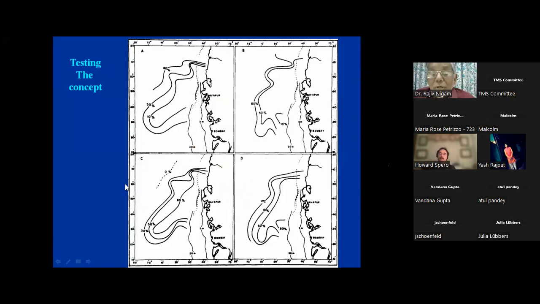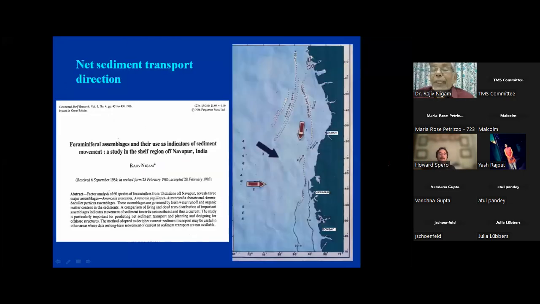Is it true? Is it noticed? Yes. See, a lot of fresh water comes through the northern Sutherland channel, which is pushing the sediment towards this direction, and the waves push in this direction, and the resultant is what we notice in this direction. And this we have published in Continental Shelf Research, foraminifera as an indicator of sediment movement.